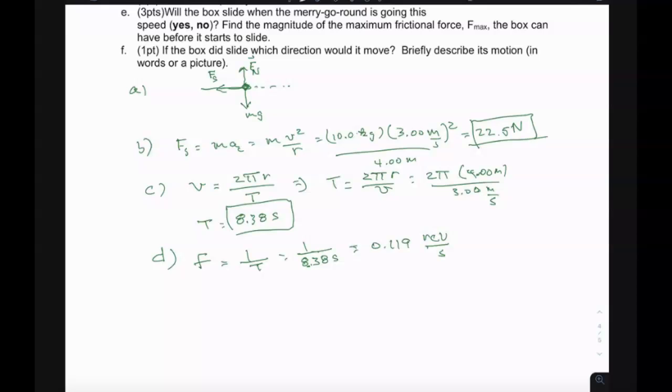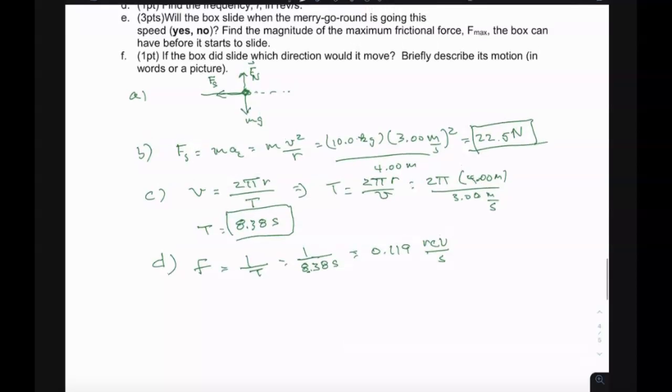Part E asks, will the box slide when the merry-go-round is going this speed, yes or no? Find the magnitude of the maximum frictional force, F max, that the box can have before it starts to slide.